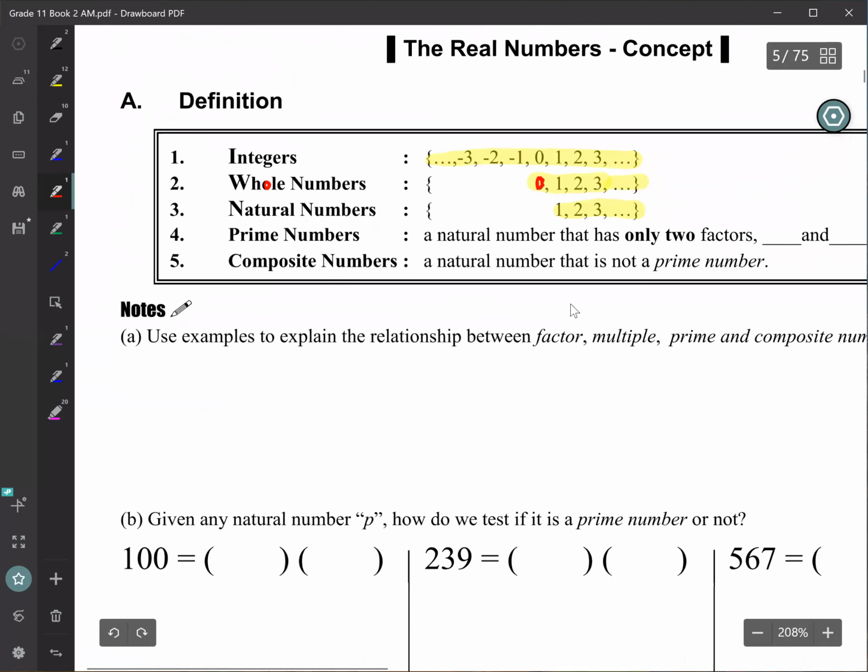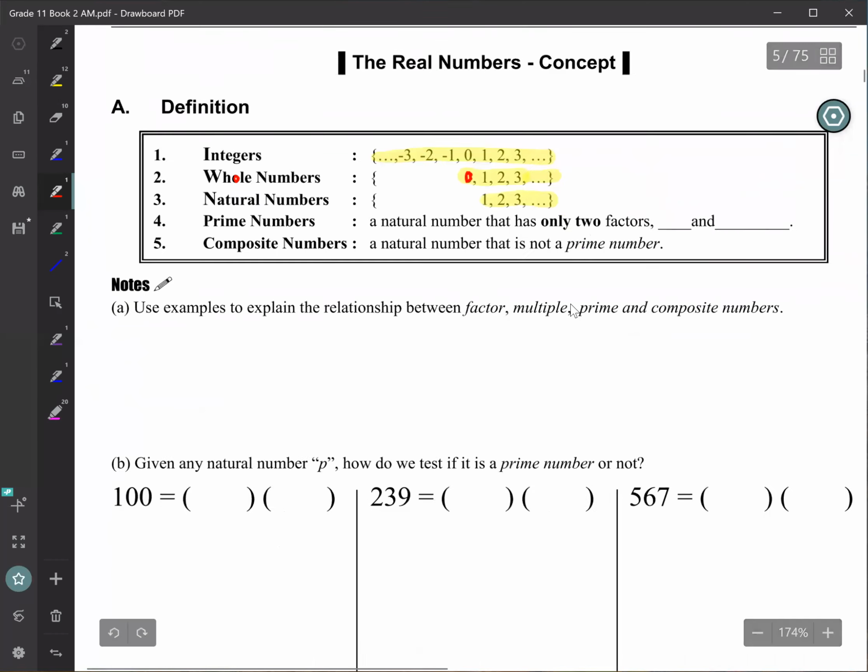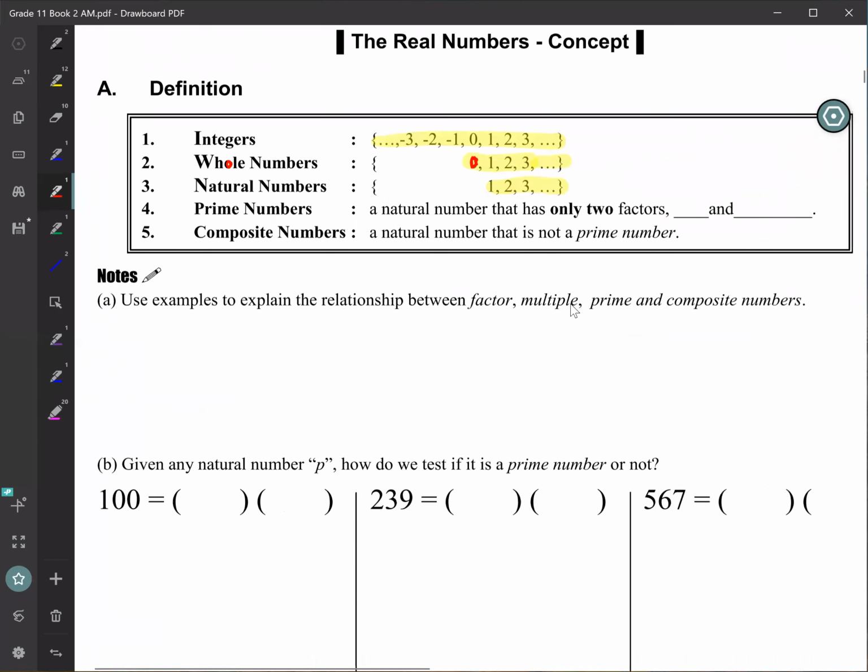And then prime number. Prime number is the thing that we want to focus on on this page. Prime numbers are natural numbers that have only 2 factors. Does anyone know which 2? Colin? One and itself. Yeah, very good. Has only 2 factors, 1 and itself.